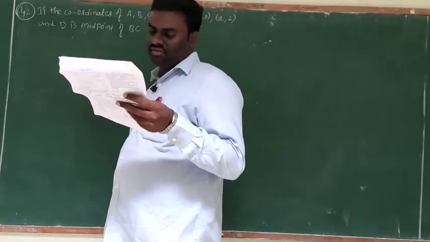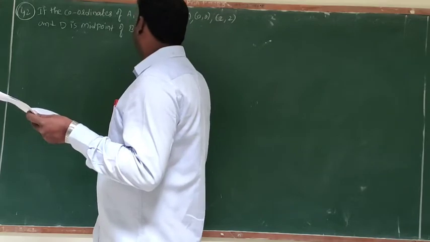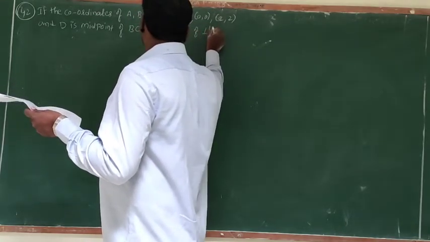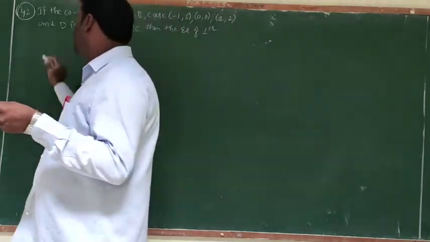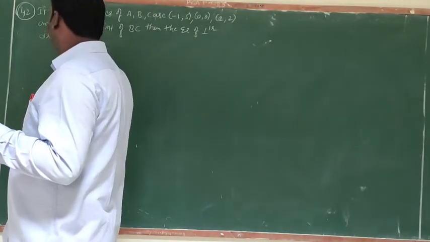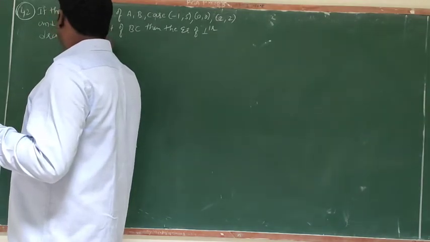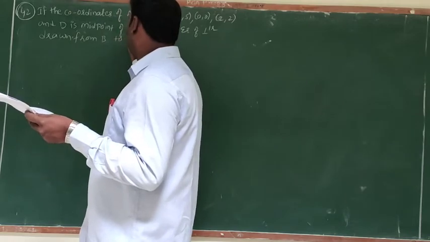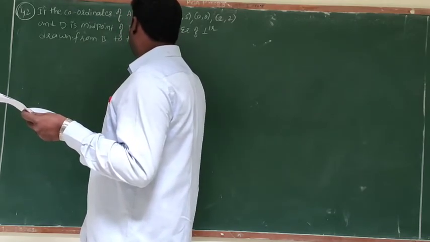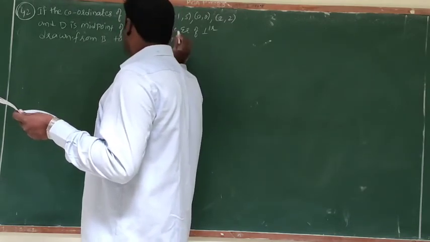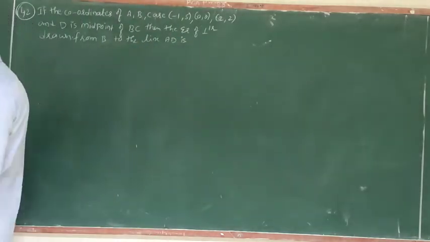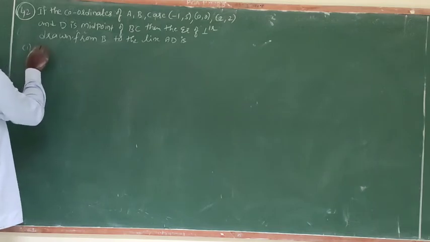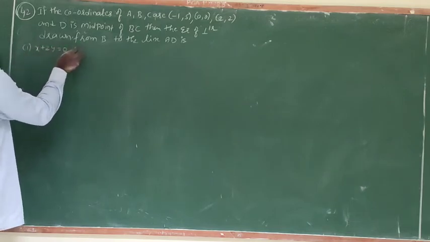Then the equation of the perpendicular drawn from B to the line AD is: first option, x plus 2y equals 0.